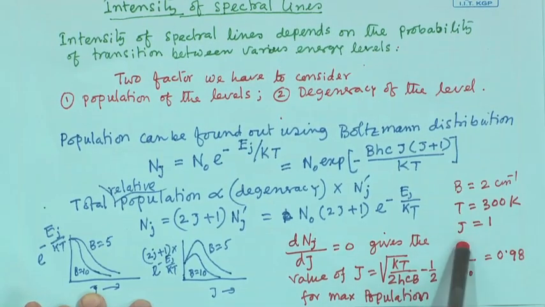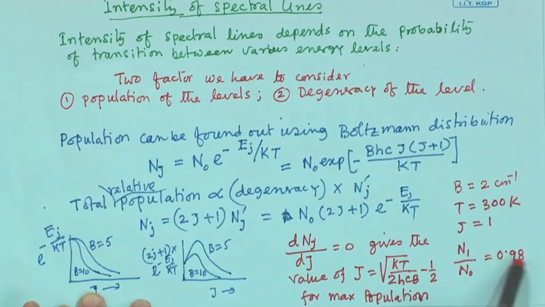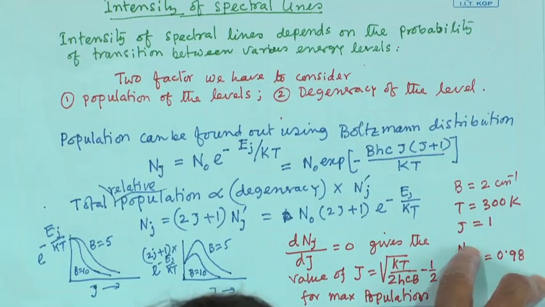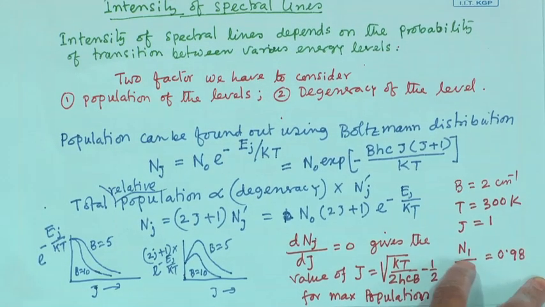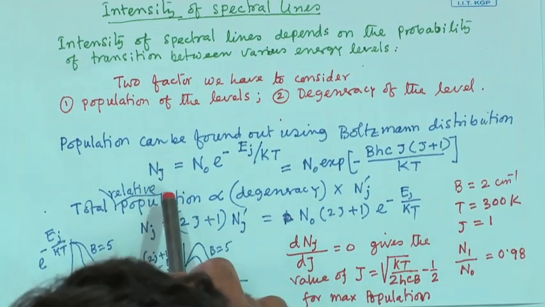N1 by N0, if you take this value, will come to 0.98. So most of the molecules, 98 out of 100, will be between these two levels.